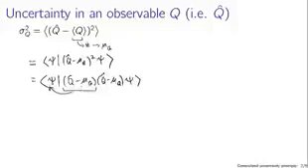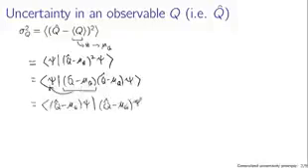Let's have this one act on the left, leaving this one to act on the right. What I get then is going to be the result of having Q hat minus mu Q act on the left, inner product with the result of having Q hat minus mu Q act on the right. So this is just a straightforward manipulation of the expression for the uncertainty in some observable quantity Q.